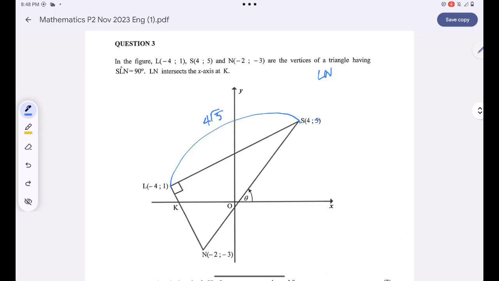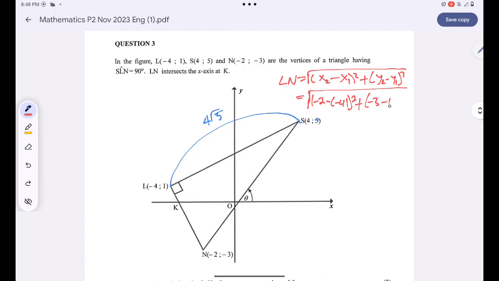So LN, let me use a different color. Okay, for the length of LN, we can simply say we have negative 2 minus a negative 4 all squared plus negative 3 minus 1 all squared.